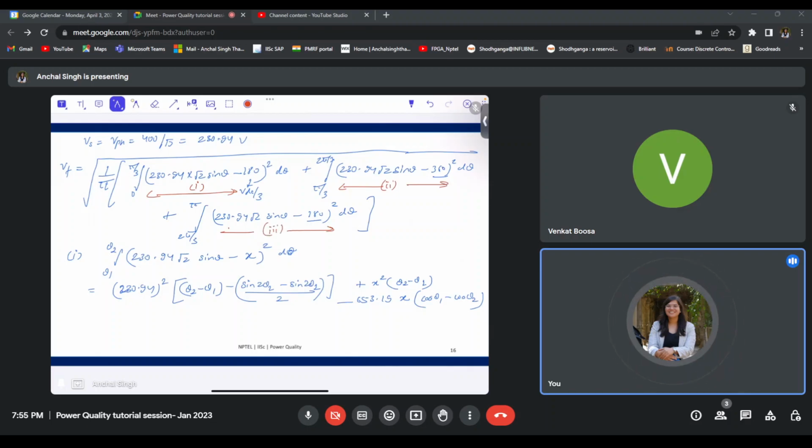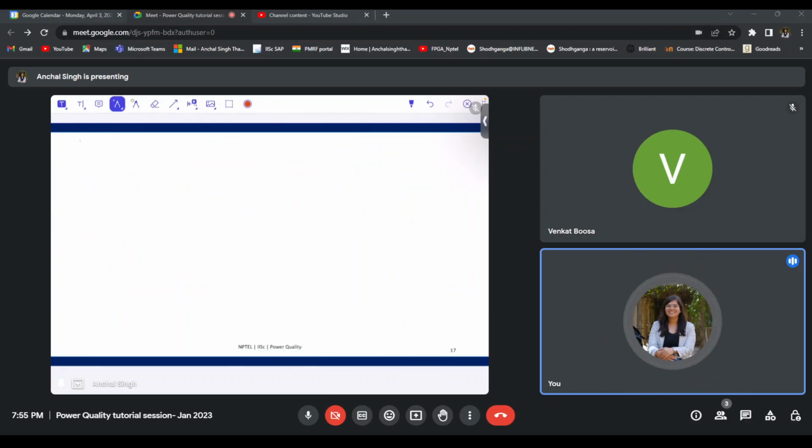Okay, so I made a generalized expansion for all these three parts, which is in terms of theta 1 and theta 2. For the first part I know that theta 1 is equal to 0 and theta 2 is equal to pi by 3, and x is equal to 180 volts.